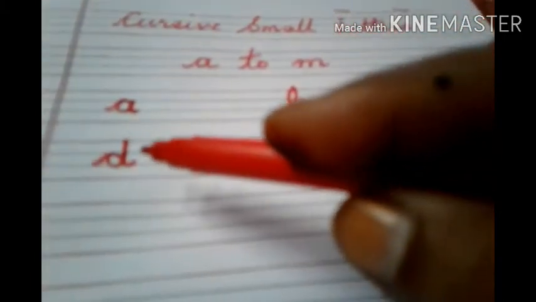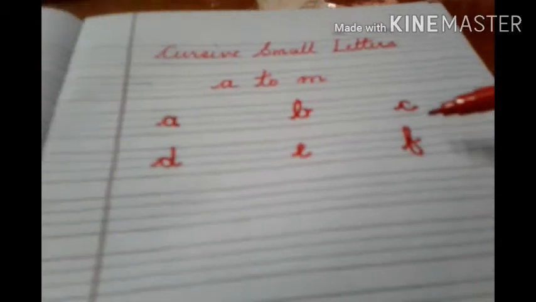This is letter F. F for fan. A for apple, B for ball, C for cat, D for dog, E for elephant, and F for fan.